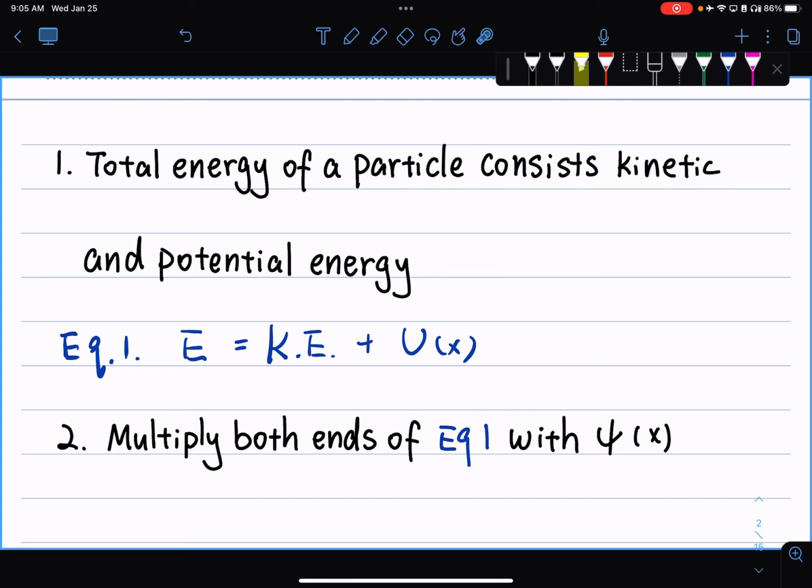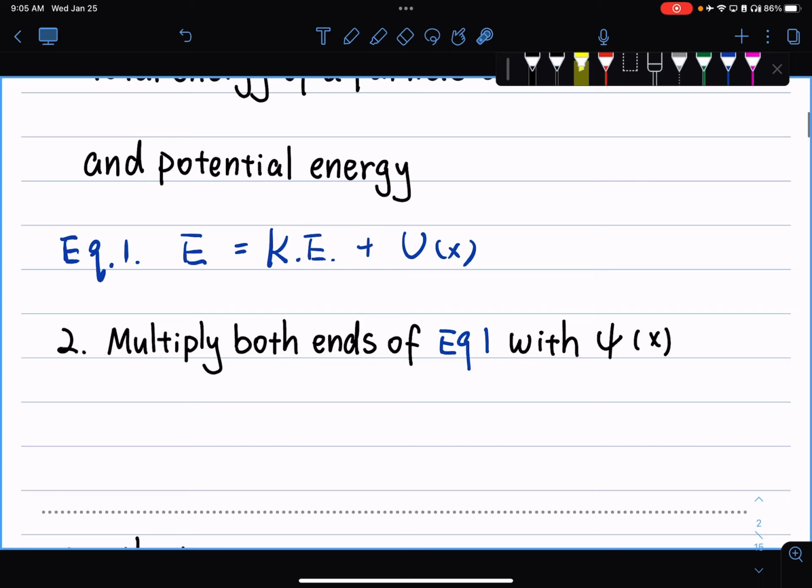Then the next step, we multiply both sides with the wave function phi of x. We're not talking about what phi of x means, but let's bear with me a little bit and see how it works out. For simplicity, I'm just going to talk about the one-dimensional time-independent phi of x.